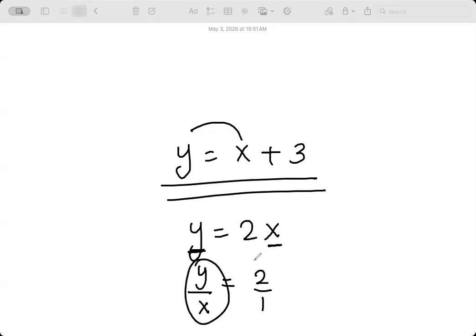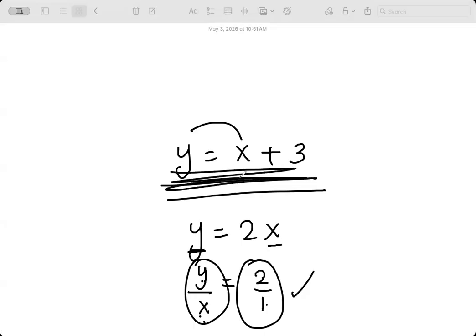Whatever you said about proportion holds good here. Ratios are equal. Between the two quantities, if you put a ratio, it's always 2 by 1. So this is a proportional relationship. Whereas you can't do that here, because it's adding. If this one is not there, then it is proportional. Otherwise, it's not. You got it?